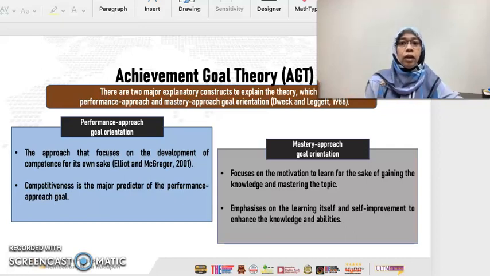On the other hand, the mastery approach focuses on the motivation to learn for the sake of gaining knowledge and mastering the topic. Students acquire the knowledge because they want to master that topic. It emphasizes learning itself and self-improvement to enhance knowledge ability.